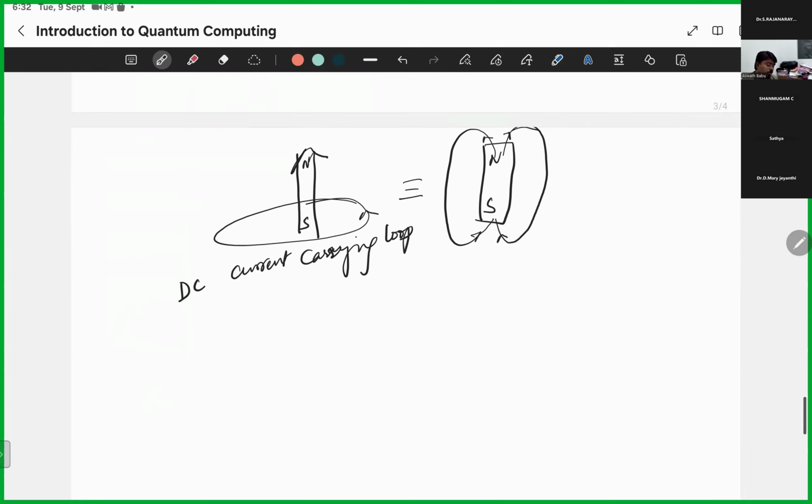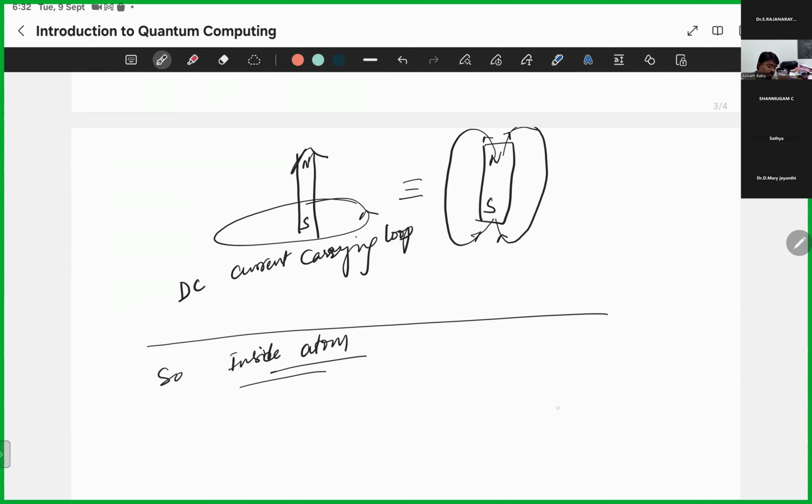So inside the atom, if you just see, there is a nucleus. There are so many orbits. There the electrons are paired. That is not going to make any difference. Just look at the valence orbit where a single electron is there. That is the one which is going to play a game.